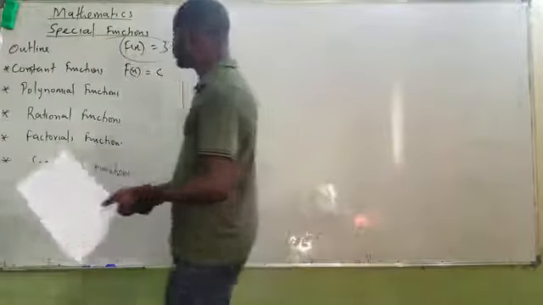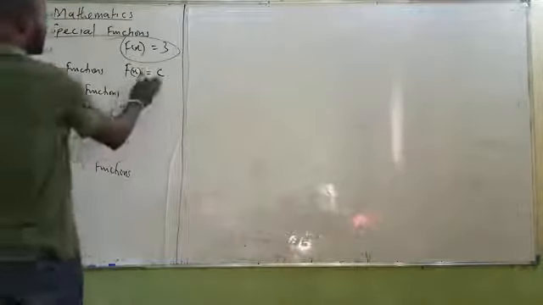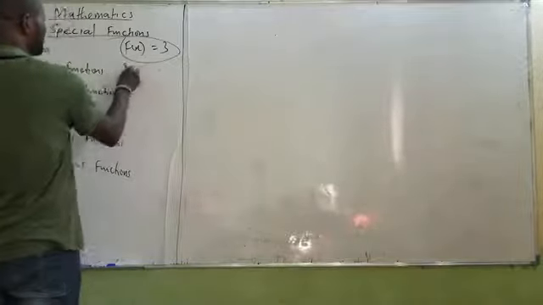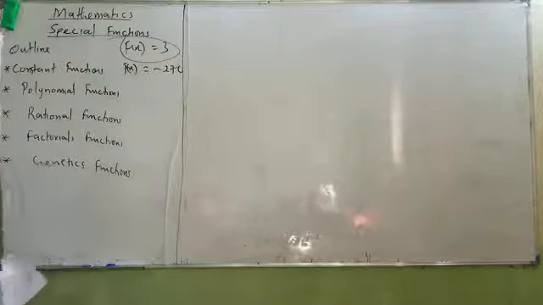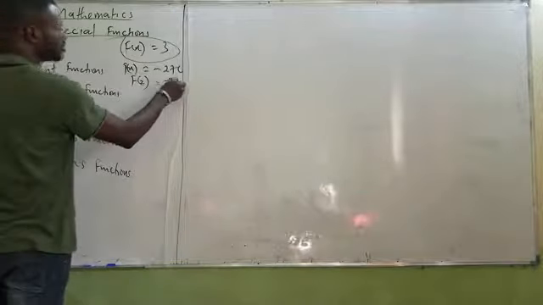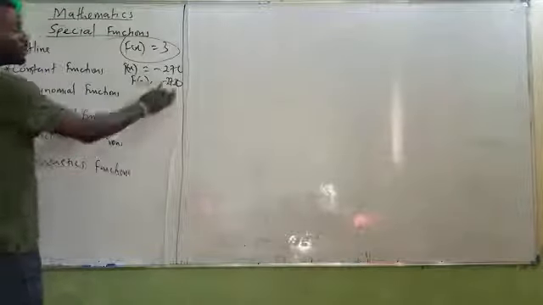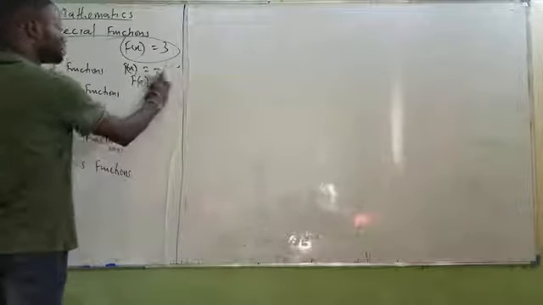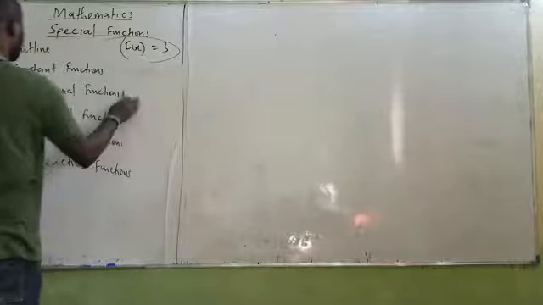It can only move when you have it in the form of a polynomial function. For instance, f of x equals minus 270. It means f of 2 still remains minus 270, no matter how you set it. That is what is called a constant function.